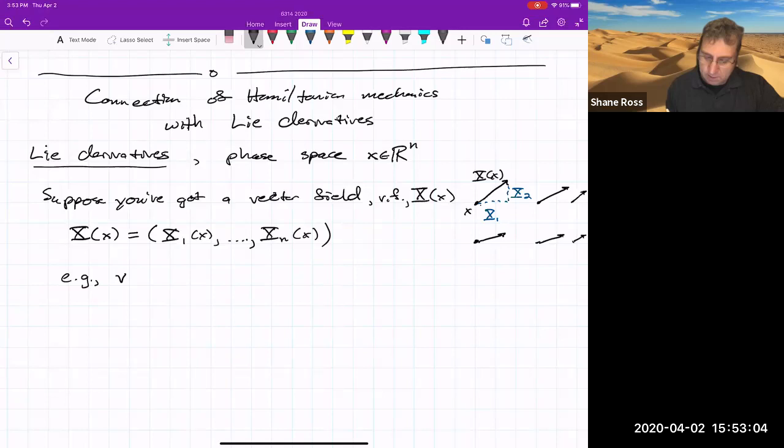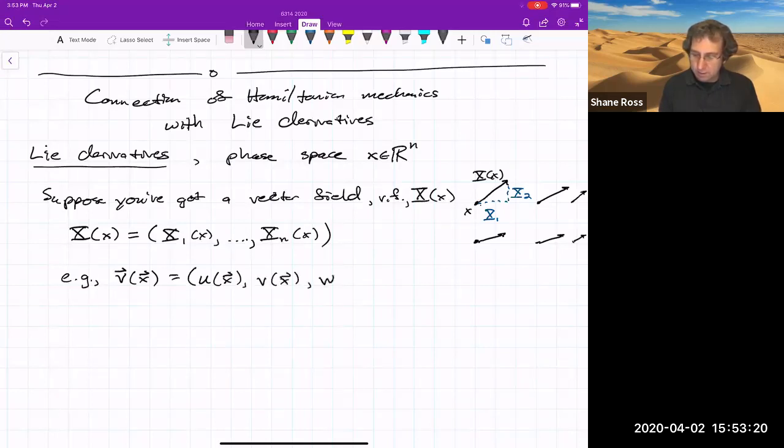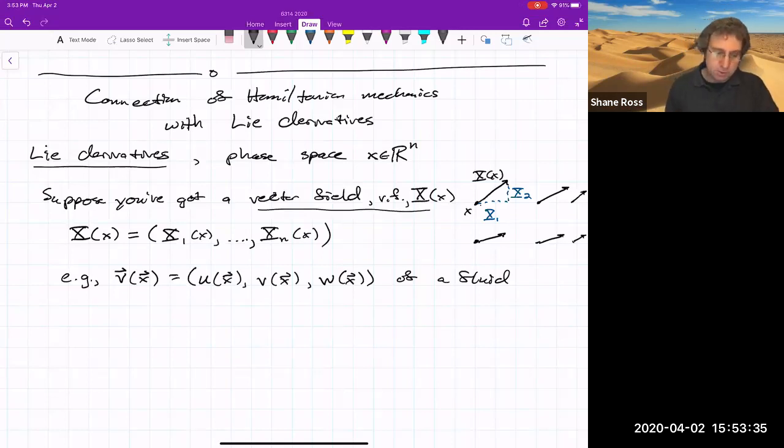If you look at the fluid vector field in 3D, you've got the three components, and you often write them as U, V, and W, the u, v and w components of a fluid. But now we're just thinking n-dimensional. So suppose you've got a vector field, X, and suppose you also have a scalar field, F of x.